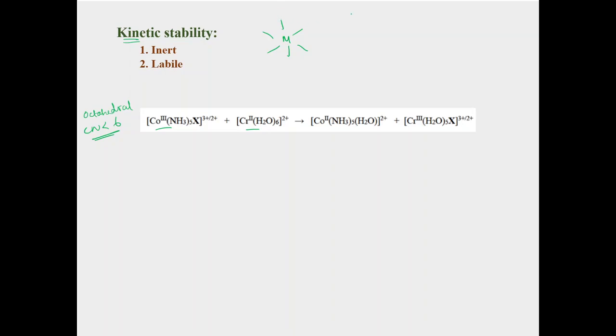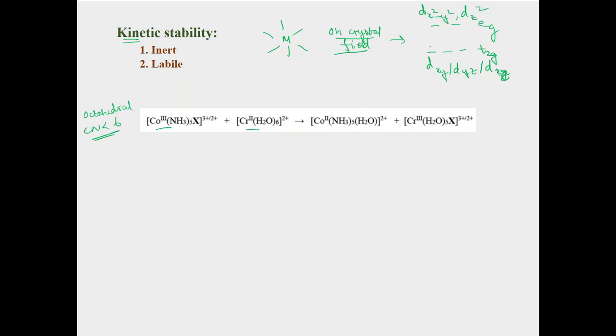Okay, and we know that in an octahedral crystal field, the degenerate d orbitals are split into how many energy sets? T2g and Eg, right? This T2g has dxy, dyz, and dxz, whereas Eg has dx square minus y square and dz square.